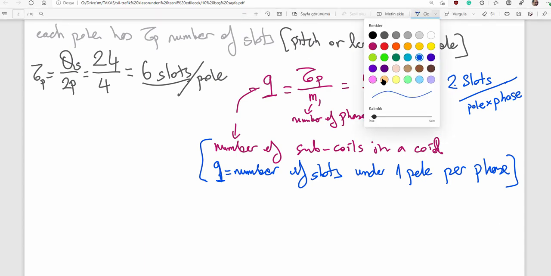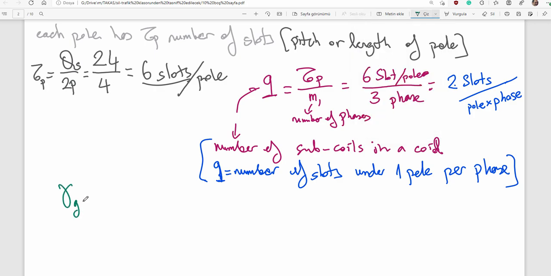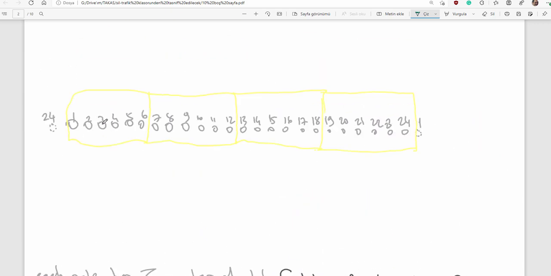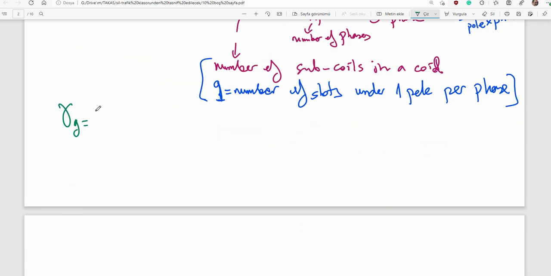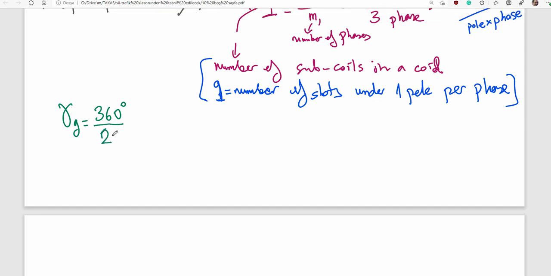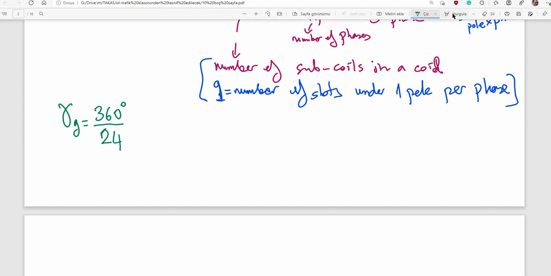Let's make some more additional calculations. What is the geometrical angle between the adjacent slots? The machine is a whole circle having 360 degrees over 24 slots.